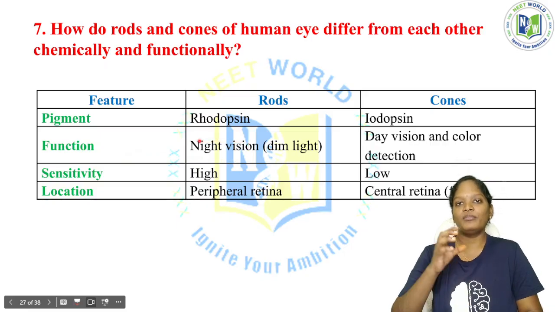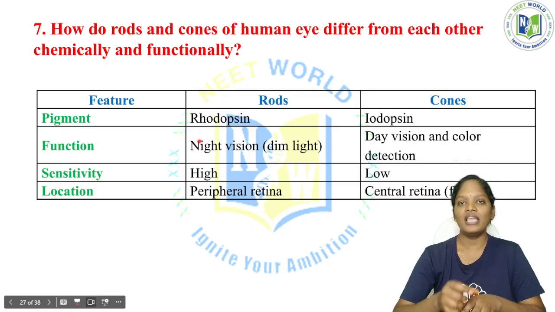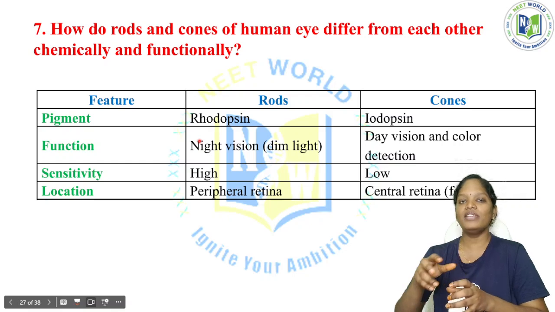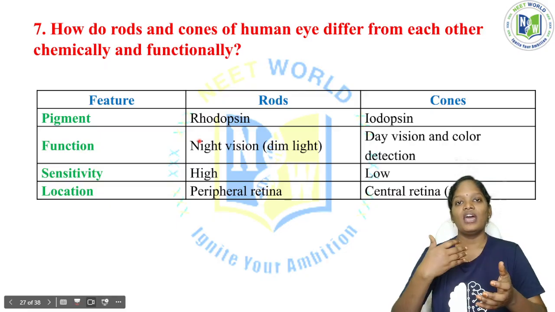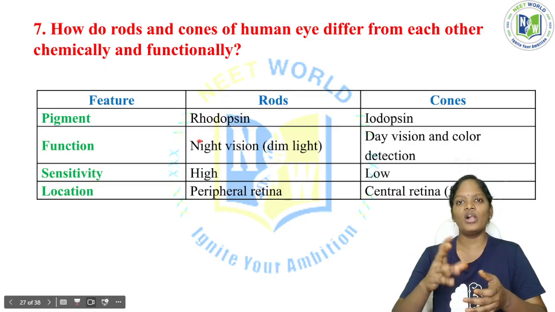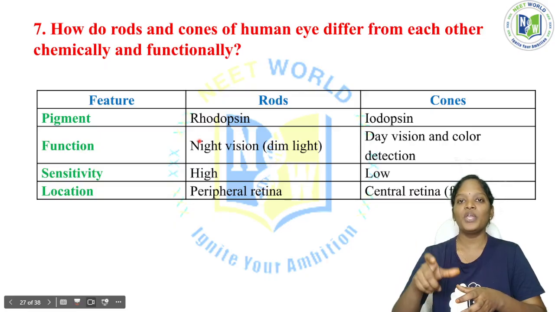The cells responsible for differentiating black and white are the rod cells. And the cells involved in distinguishing colors, that is the visible region, violet, indigo, red, blue, green, all these colors can be differentiated by the cone cells.